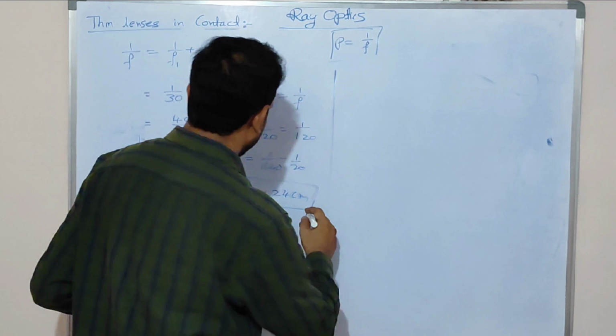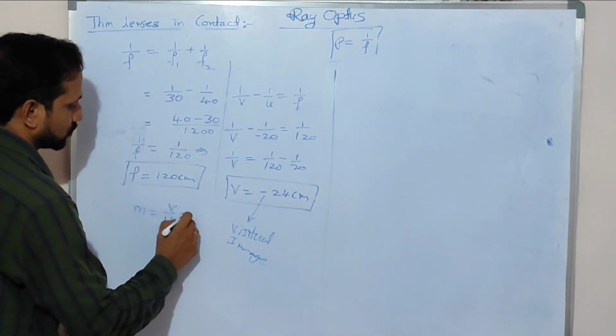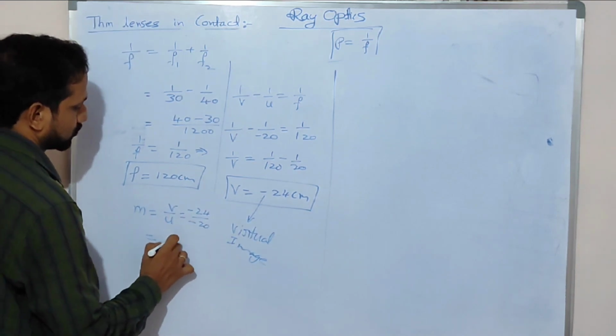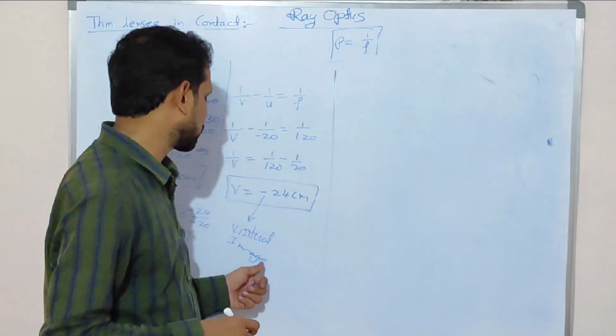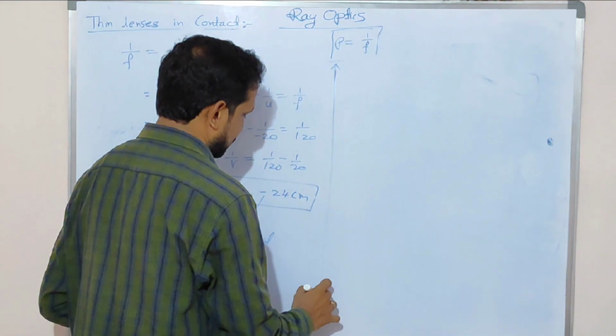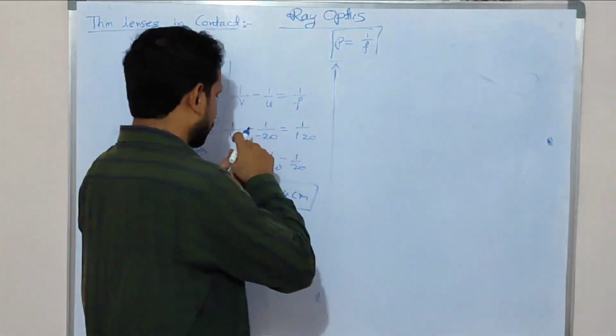So magnification also you can find. The magnification equals v by u, which is minus 24 by minus 20, which is 1.2. It should be positive magnification because it is a virtual image. So this is a particular example we can have. I can generalize the topic for this problem.